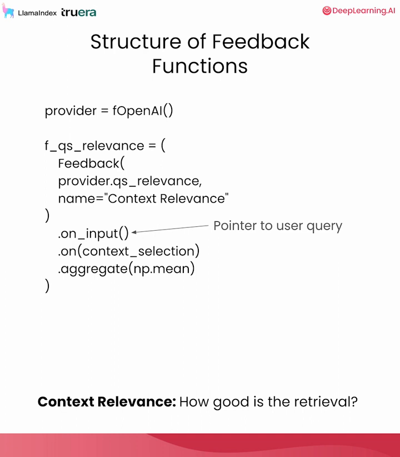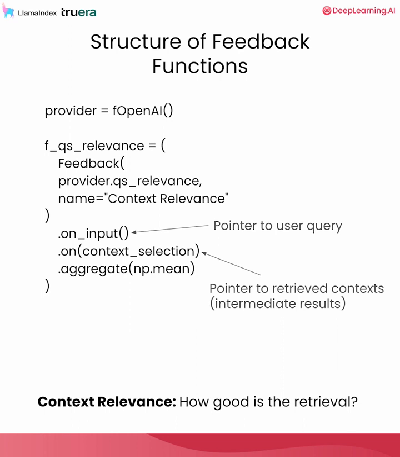The differences are in the inputs to this particular feedback function. In addition to the user input or prompt, we also share with this feedback function a pointer to the retrieved contexts. That is, the intermediate results in the execution of the RAG application.